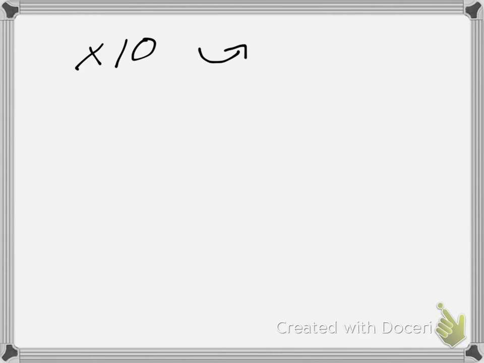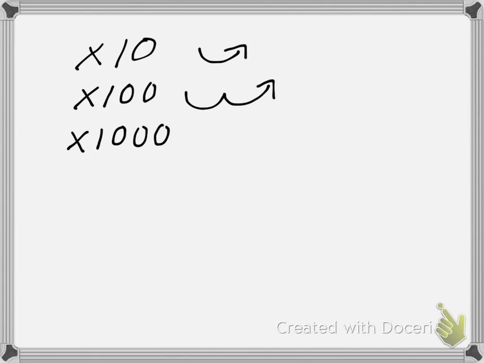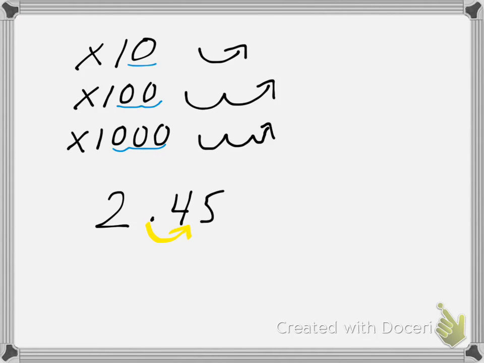Now, one of the concepts with multiplying is that if you're multiplying by 10, you just move the decimal point one place over, multiply by 100, move the decimal point over 2 places, multiply by 1,000, move it 3 places. Remember the number of places because it's the same as the number of zeros in the number that we're doing. So if we have 2.45 and we multiply by 10, we move it 1 place, and now we have 24.5.